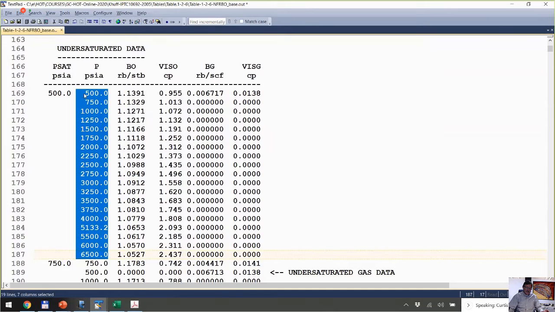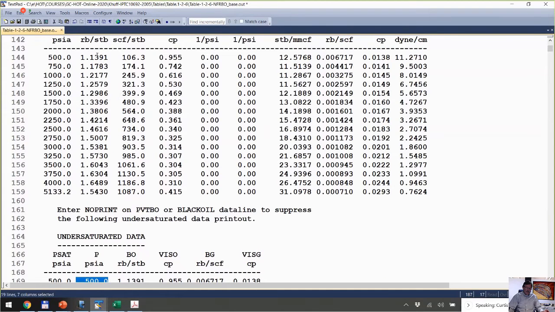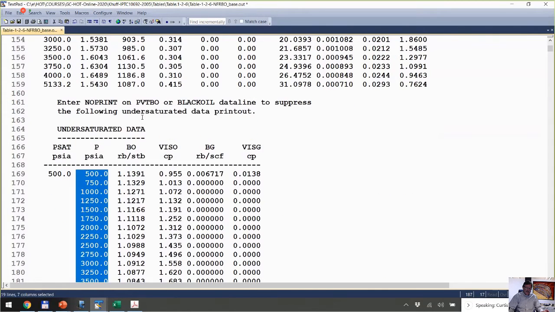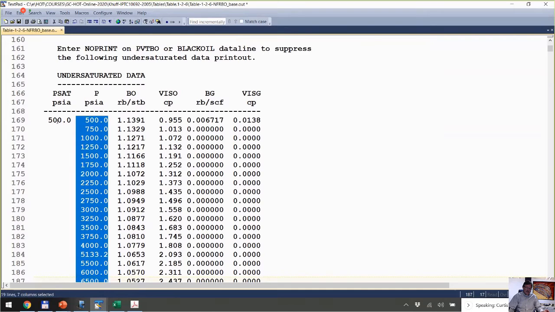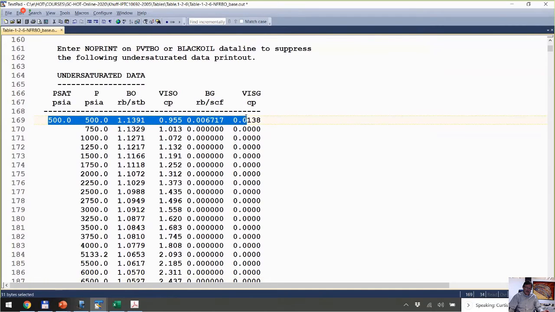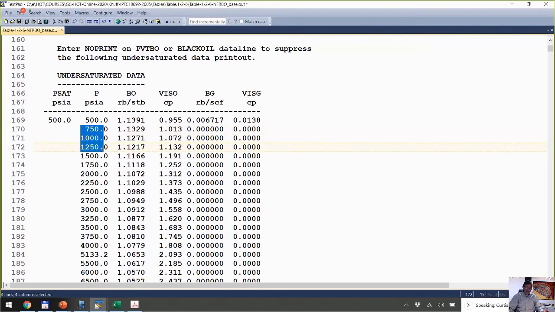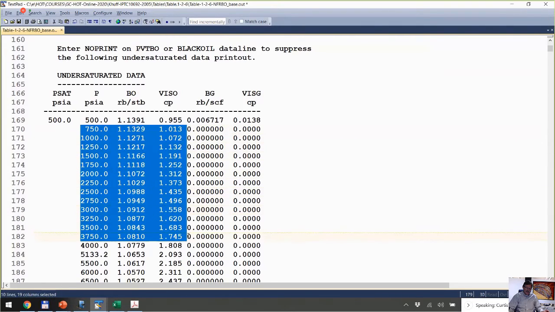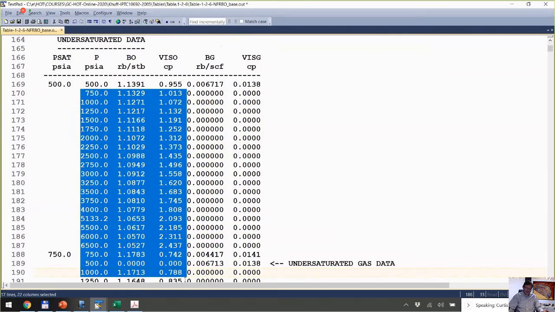So the bubble point of the oil is 500 pounds. It's the identifier of the oil. This BO should be the same as the saturated BO, 1.1391. So this first one here is saturated properties. And then for that same oil, not changing composition, RS is not changing here, the properties of oil are changing undersaturated.